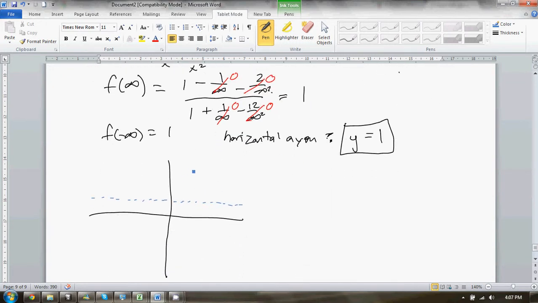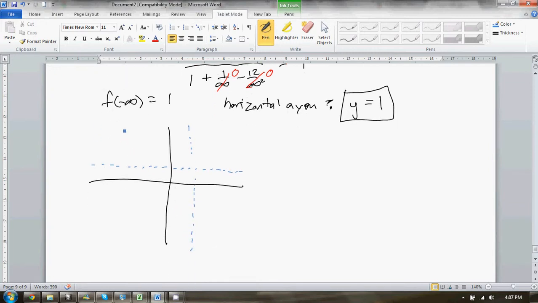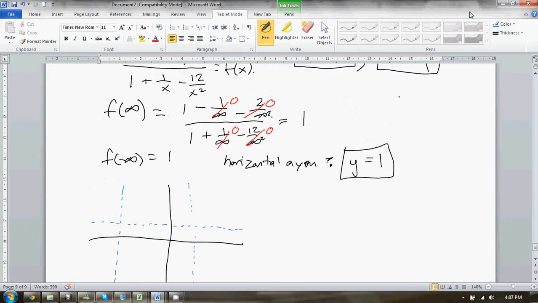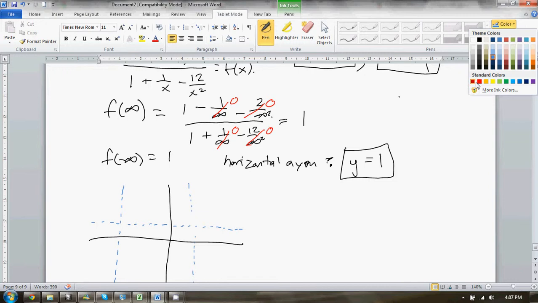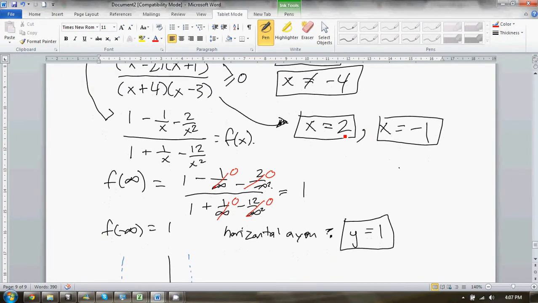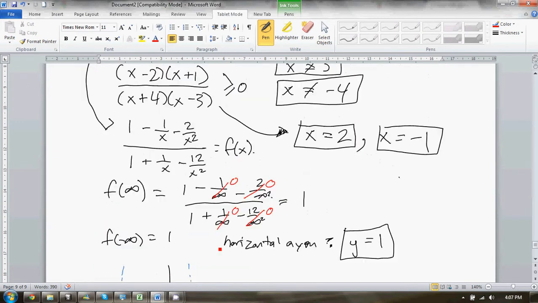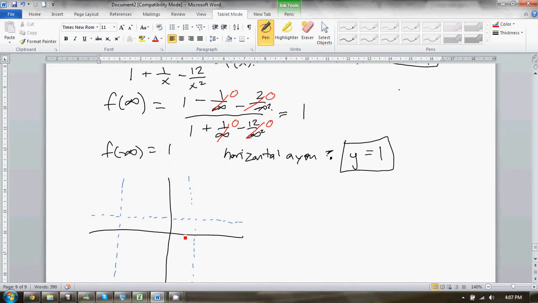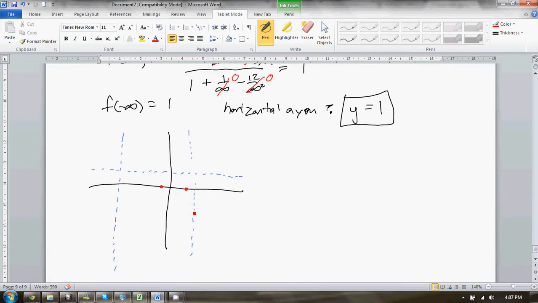Here is 3, here is -4. And we know that it will pass through two x-intercepts, which are 2 and -1, that would be here and here. So we know our function will pass through those two points.